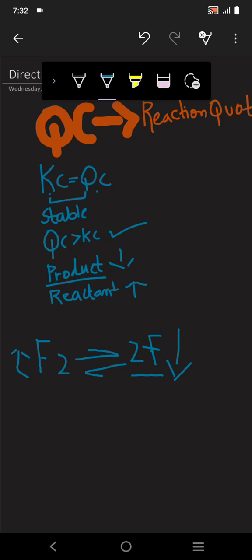Because it is a reversible reaction, when Qc is greater than Kc, that reaction will be known as the reverse reaction. In this direction the reaction is going, products are decreasing and the reactants are forming more and more.